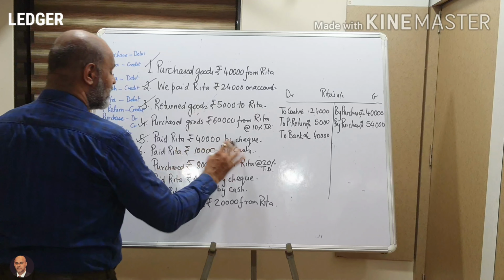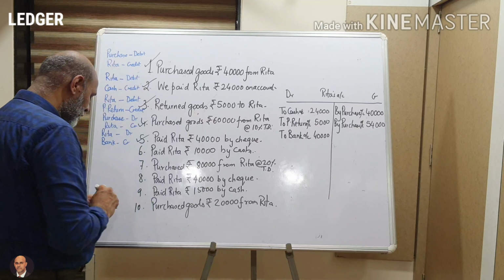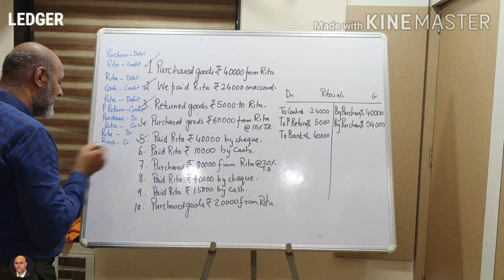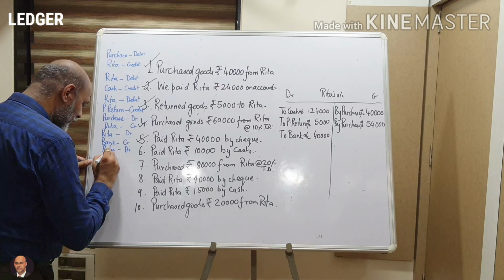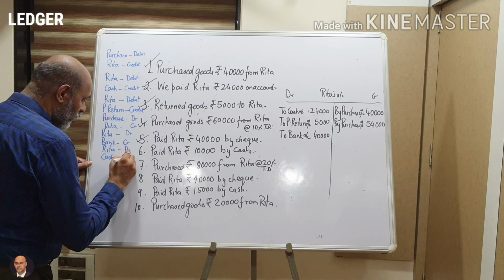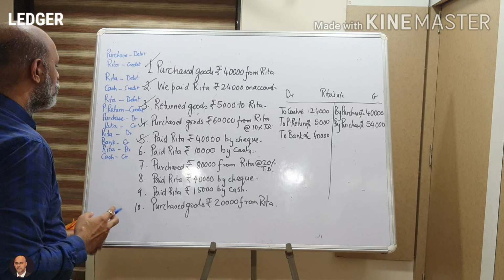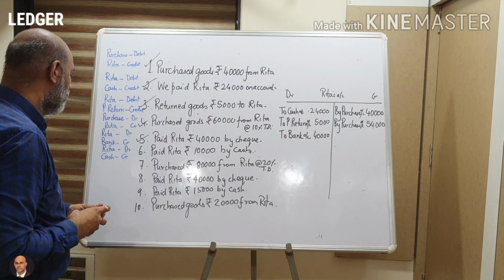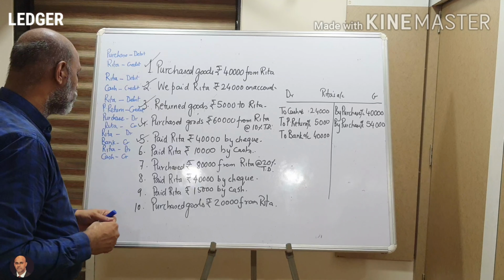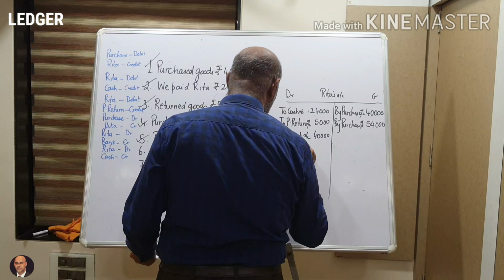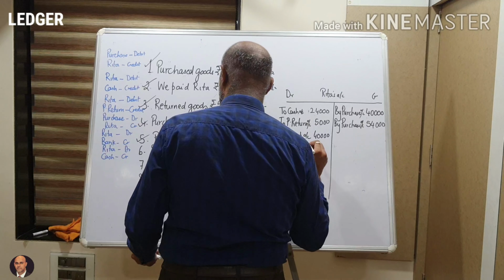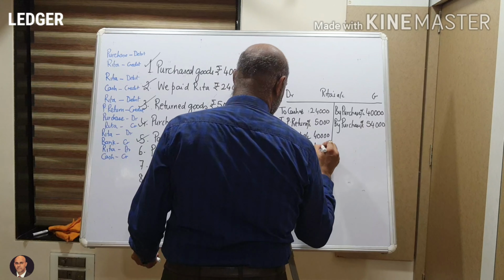Paid Rita rupees 10,000 by cash. Same as before, Rita and cash. Rita is debit, cash is credit. So you go to the debit side of Rita's account and write down to cash account 10,000.